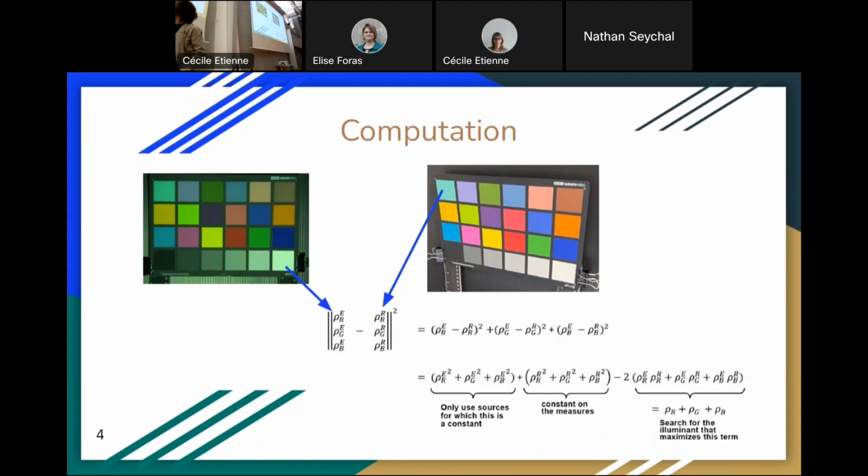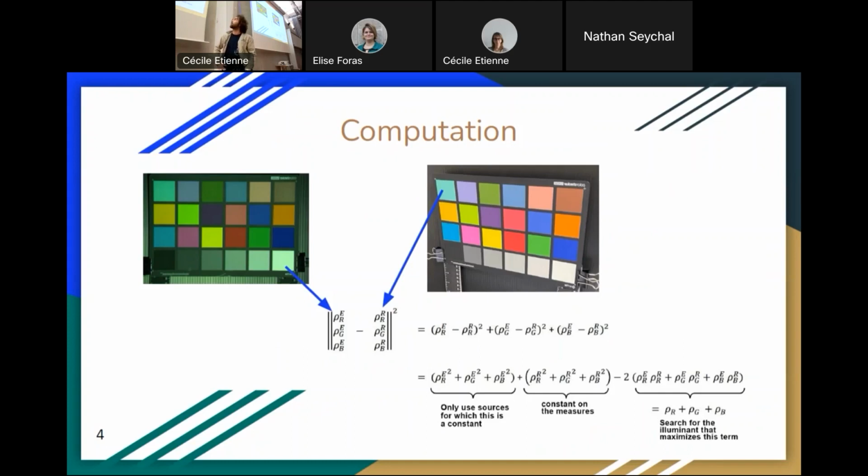Okay, so our goal is to find when the white patch under a certain source is the closest to the colored patch under a white illuminant. So we want to calculate this norm with the RGB values linked to each patch.